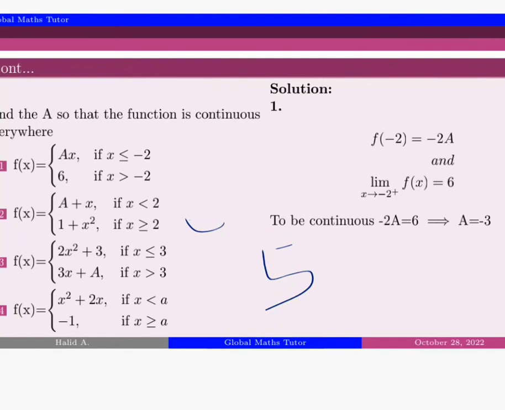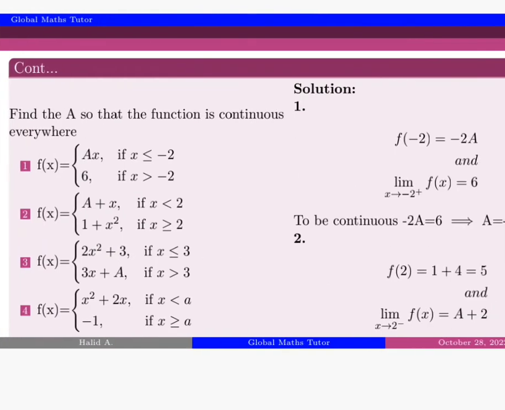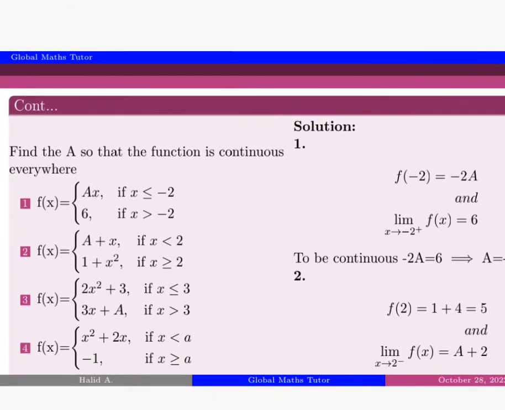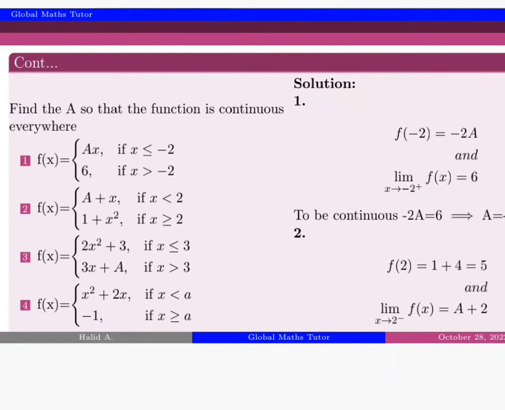Therefore, the limit of f of x as x approaches 2 from the negative side is a plus x. Therefore, when you substitute, 2 plus a must be equal to the function value at a, that is 5. Thus f of 2 is simply 1 plus 2 squared, which is 5, and from the negative side it will be a plus 2.